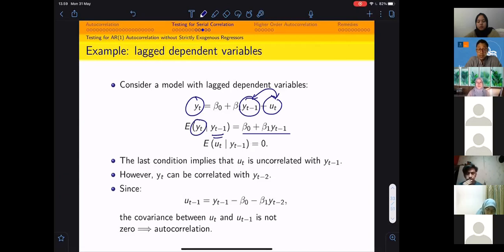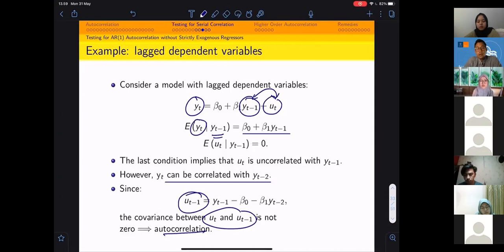Why? Because although u_t is not correlated with y_{t-1}, y_t can be correlated with y_{t-2} through u_{t-1}. So when you regress y_t on the lag y_{t-1}, the covariance between u_t and u_{t-1} is never going to be 0 by design, and so there is always going to be autocorrelation.